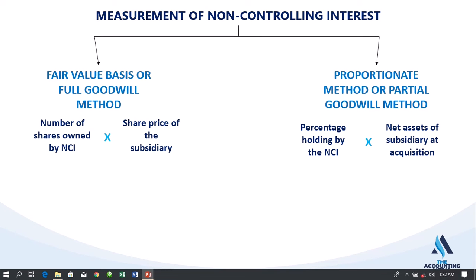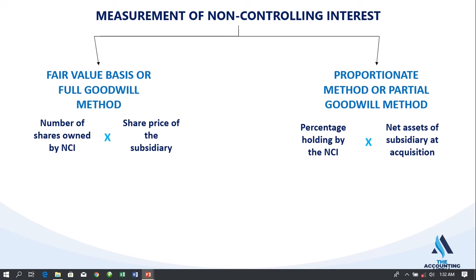Now, we said fair value basis is the same thing as full Goodwill method. Yes, we call it a full Goodwill method because when we use fair value basis to measure NCI, any goodwill we get belongs to both the parent and the non-controlling interest combined.